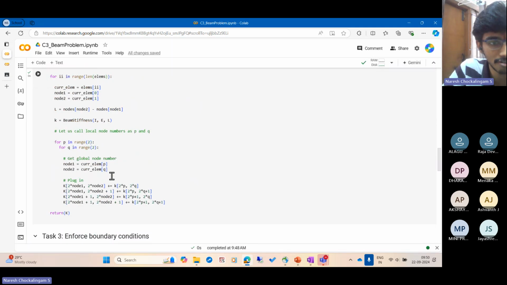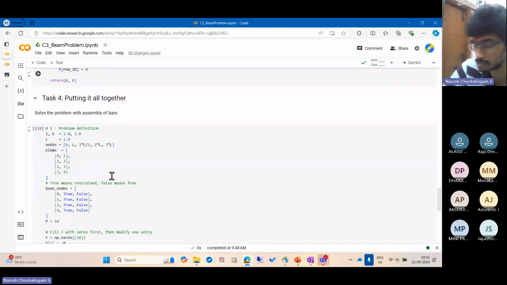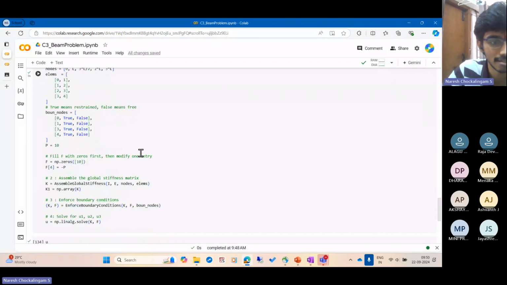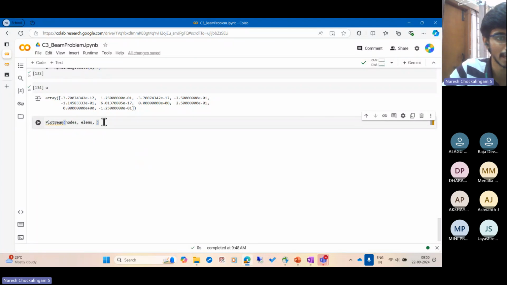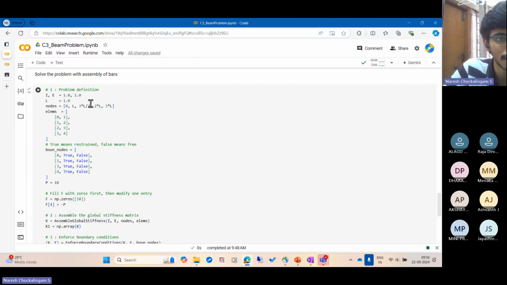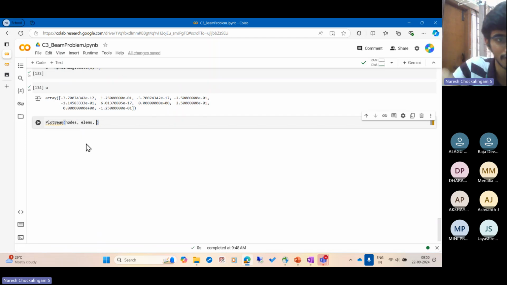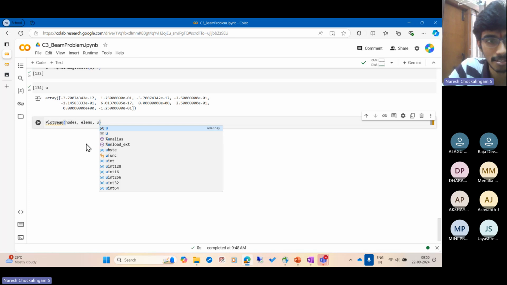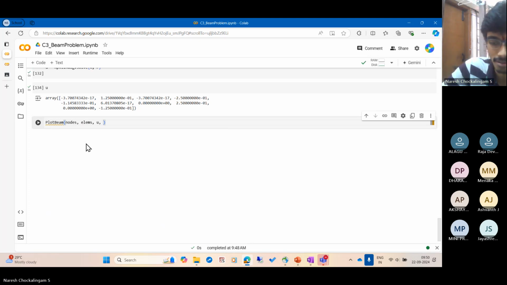In that case, we need to scale up the displacement so that we can visualize something meaningfully. But here we have taken artificial values of EI as 1, L as 1, so it just gives some easy to visualize things. So I'll put the scale factor as 1.